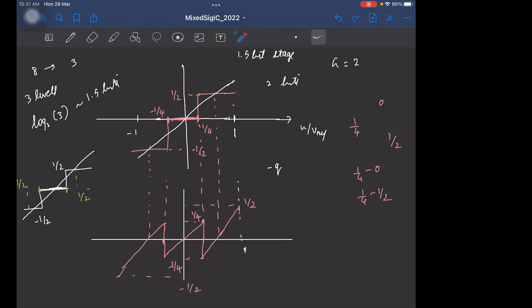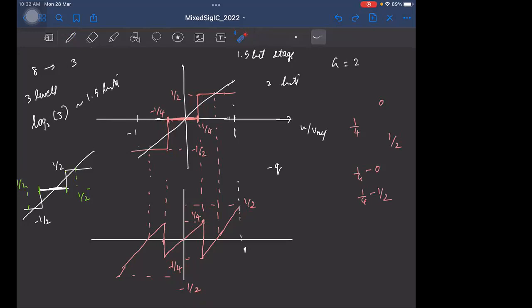So now you find that the quantization error, even if there are some mistakes in the threshold voltages like this, right? So ideally, you want the decision levels to be at these points. Okay. And if that is the case, you find the quantization error here is bounded between plus or minus 1/4 and maximum is plus or minus half. So if you use a gain of 2, the error still remains within the limit, right?